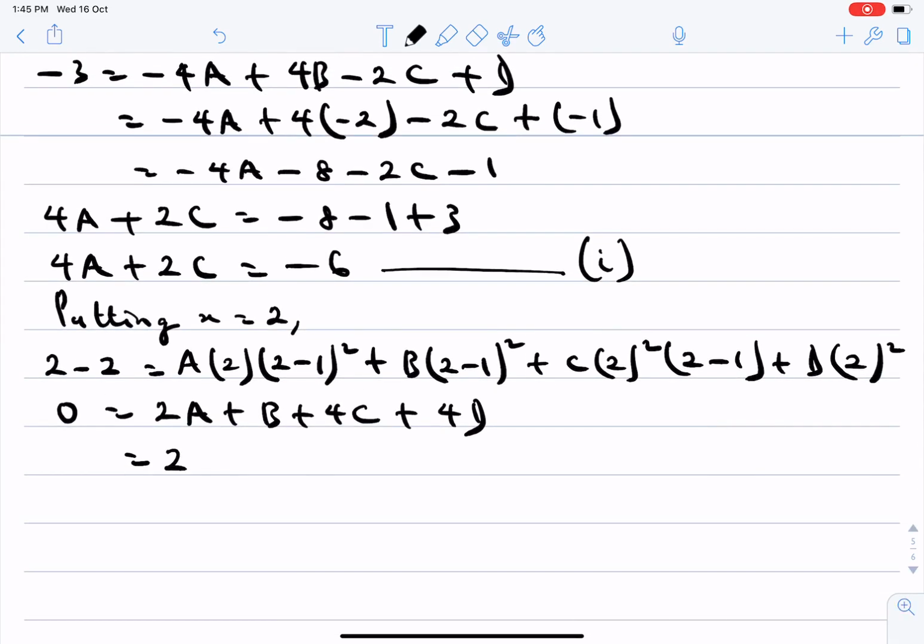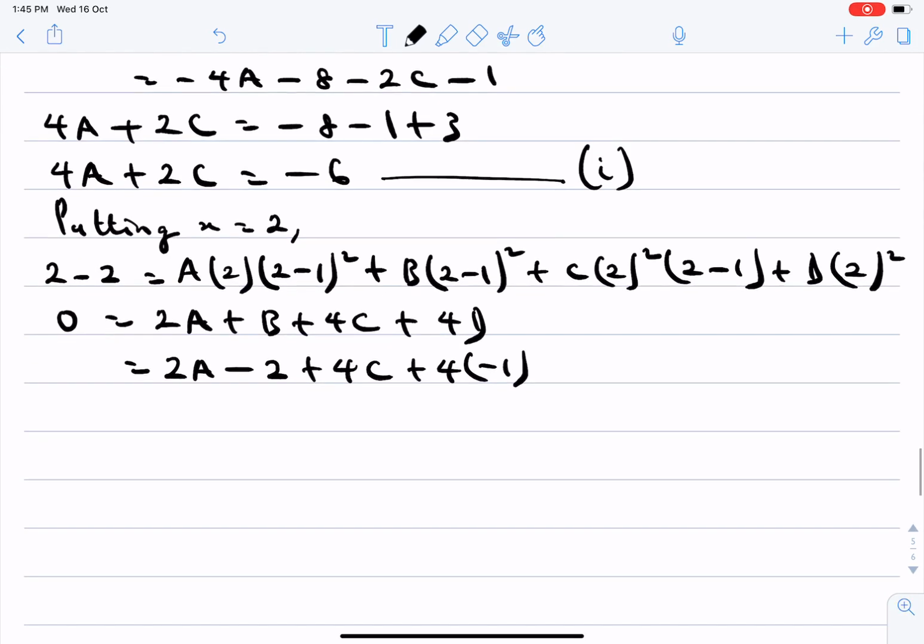That means 2a, b is minus 2, 2a minus 2 plus 4c plus 4 times minus 1, which is 2a plus 4c minus 2 minus 4 is minus 6.